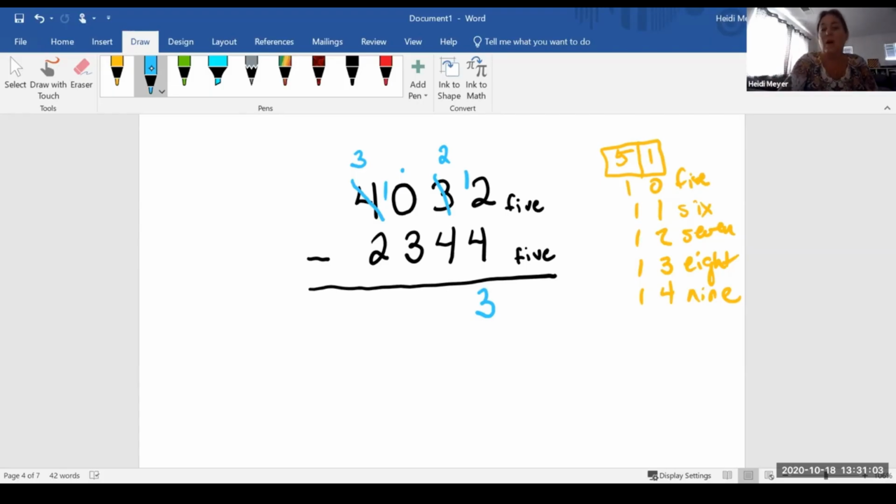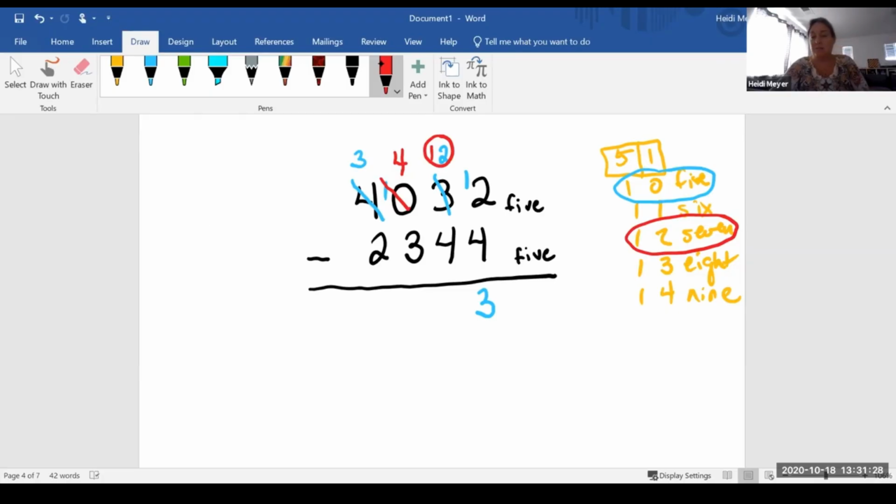But that 1, 0 has a value of 5. And 5 minus 1 is 4. It's not 9. Okay, so I just did the borrow. I crossed out. I wrote a 4. And I'm going to give 1 to the next place value. But what's the value of that 1, 2 there?